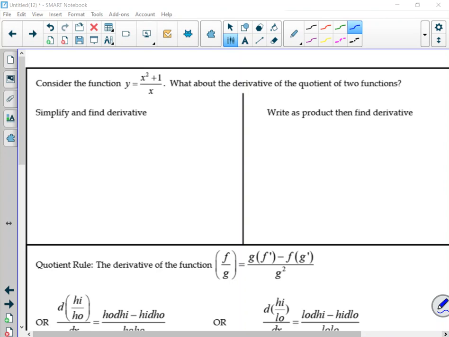Okay. So, one thing I can do, once again, when we're dealing with polynomials, we may have options other than applying the product rule, applying the quotient rule.